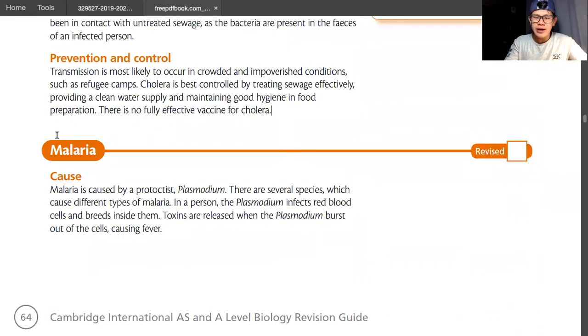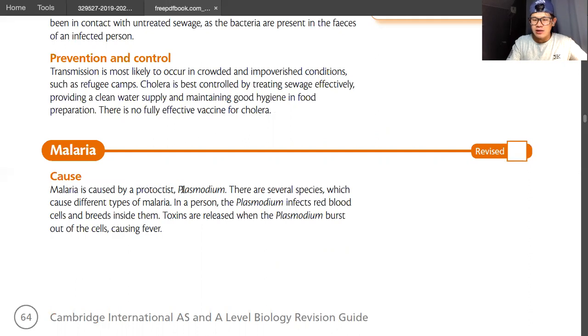Next we're going to look at malaria. Okay, so malaria is like dengue fever. Dengue fever, all of those are transmitted through mosquitoes, right? And usually they carry microorganisms, what we call protozoa, a class of microorganisms.